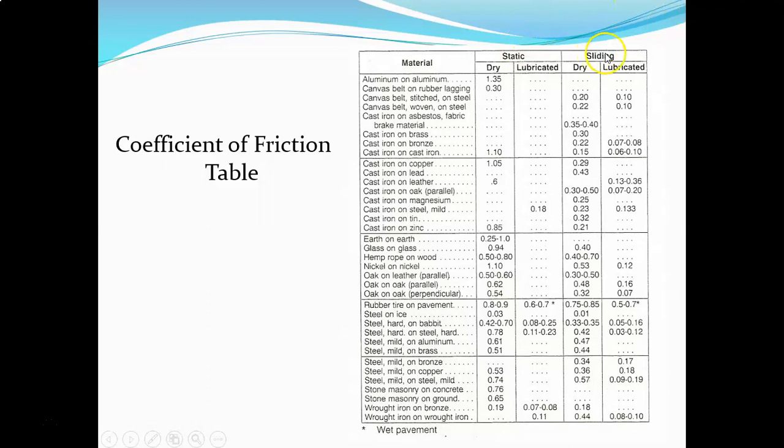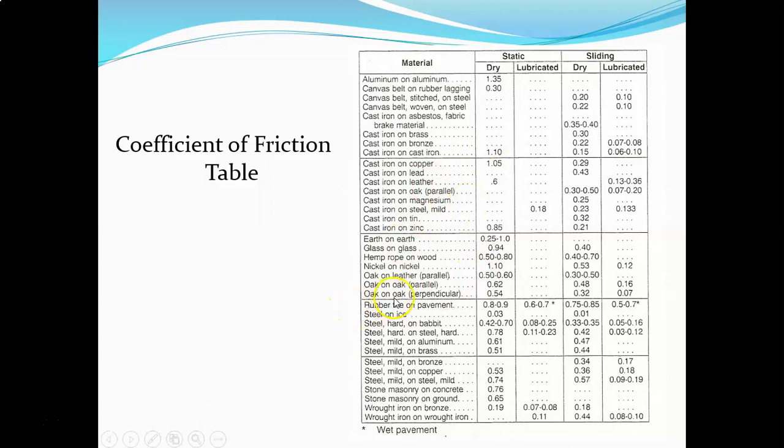The last two columns are in sliding motion. These are kinetic, actually in motion. In both applications, we've got a column for dry or lubricated. That makes a difference too, of course, if you've got a dry surface versus a wet surface. And what is the wet surface? Is it water? Is it oil? So that's a variable too.